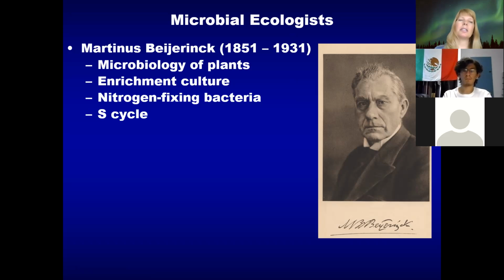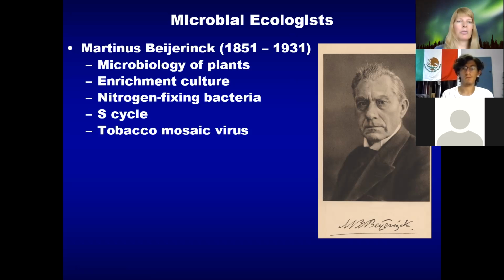He also studied the sulfur cycle. So when you talk about microbial ecology, you do get into biogeochemistry, which is just looking at how the microbes break down matter and recycle it. And so you talk about the sulfur cycle, the nitrogen cycle, the carbon cycle, and so on and so on. And so Beijerinck was way into the sulfur cycle. And he actually did some pretty decent work with viruses of plants.